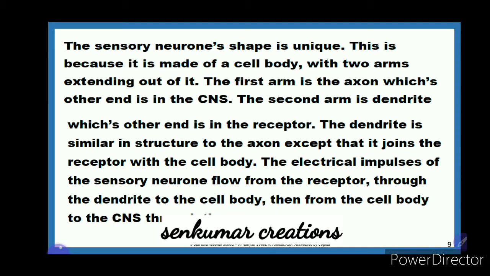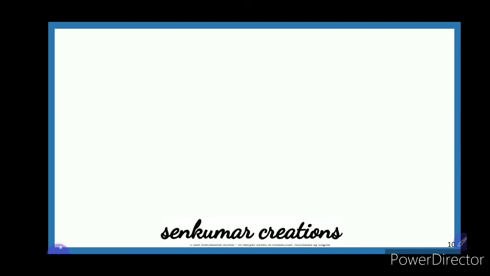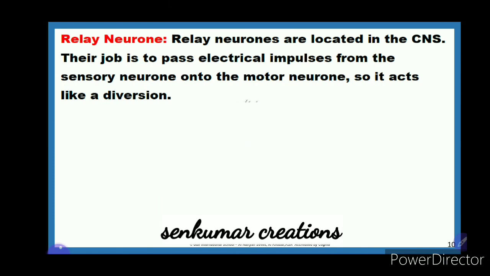Now we can see one more neuron, called the relay neuron. How does the relay neuron look? Relay neurons are located in the central nervous system, and their job is to pass electrical impulses from the sensory neuron to the motor neuron. So it acts as a diversion.